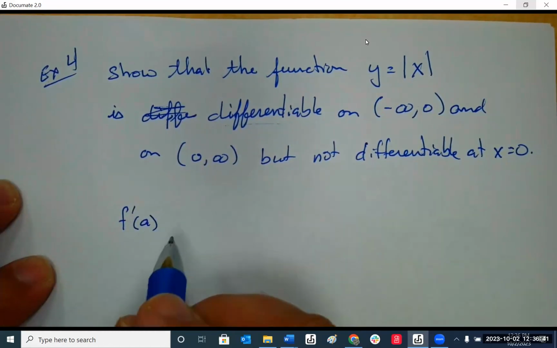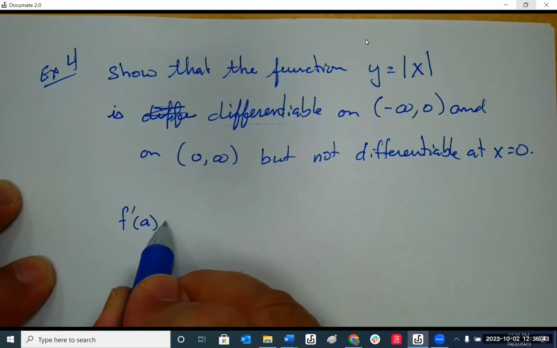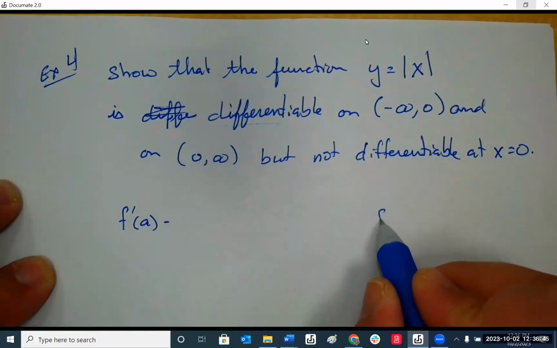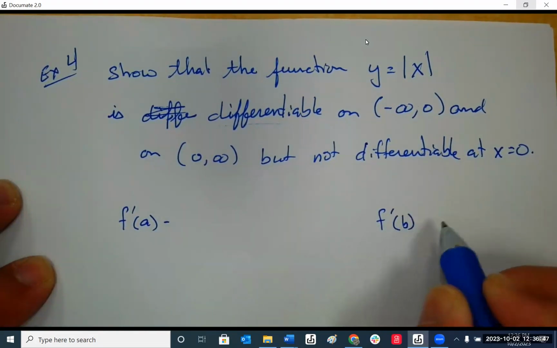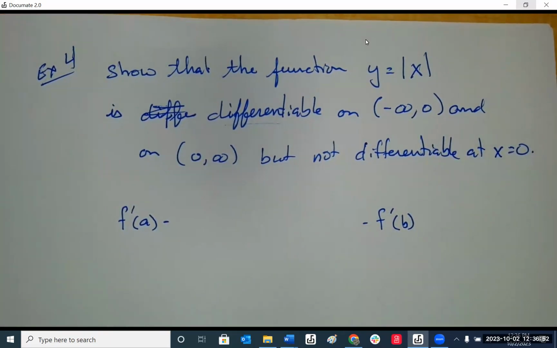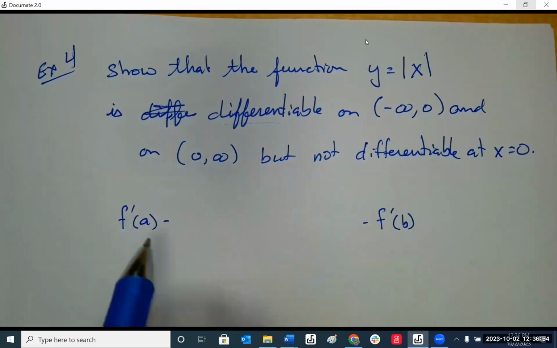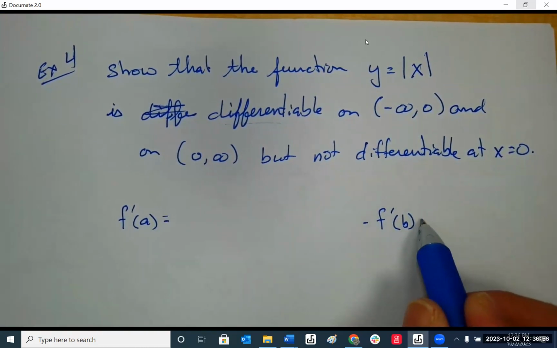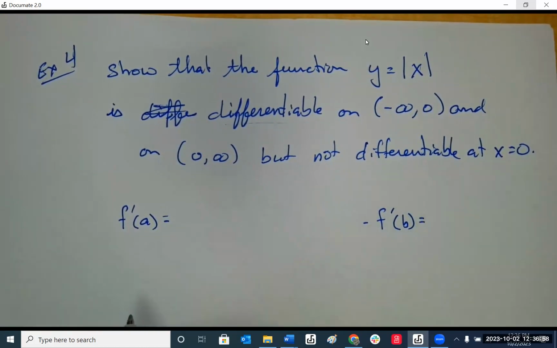Let's do A, this is left side, and then f prime of B exists, this is the right side. What are the formulas for the limits?